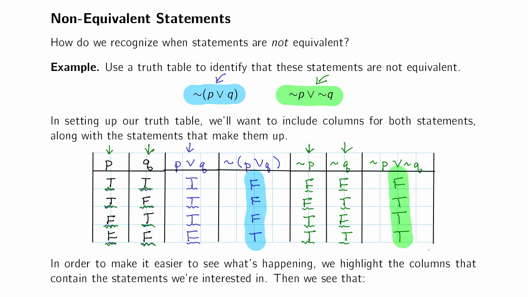We've now made a truth table that shows both of our compound statements. And we highlighted the columns with the statements we're actually interested in to help us see what's going on. And now the question we're asking is very simple. Are those the same? Well, no, they're not the same, right?